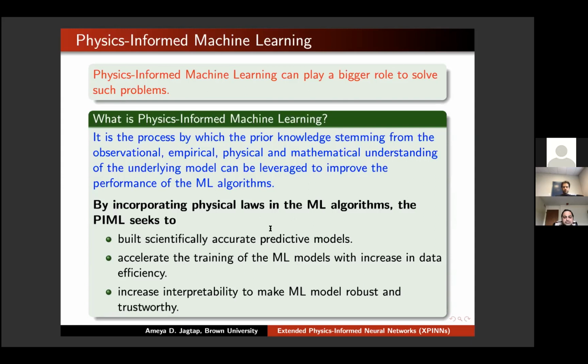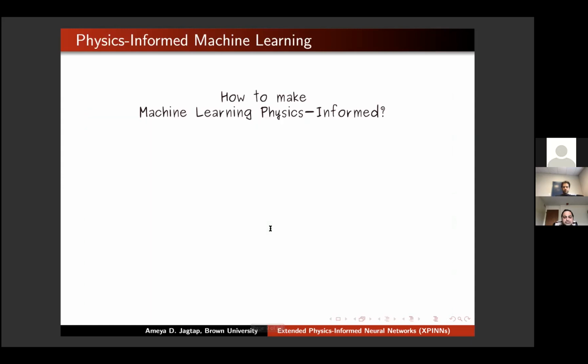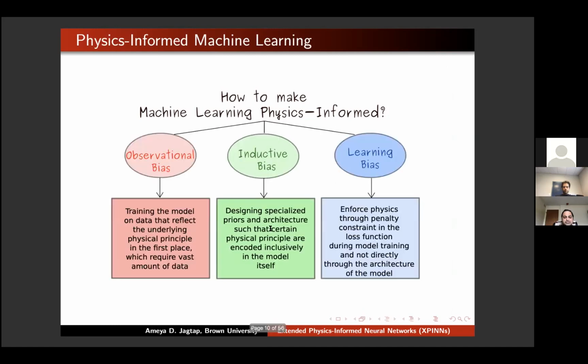The next general question is how can we make machine learning physics informed? Basically there are three approaches. The first one is the observational bias, which amounts to training the model on data that reflect the underlying physical principle in the first place. That requires quite a vast amount of data, so it's really difficult to get this amount of data.